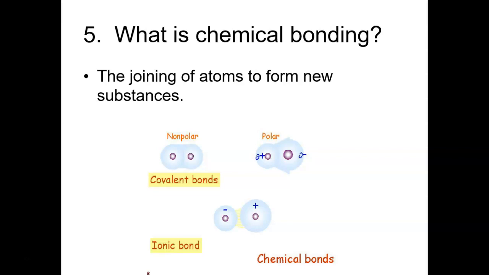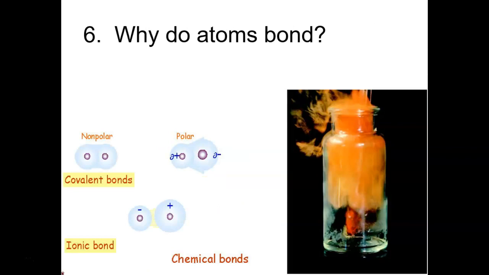When hydrogen and oxygen come together and form water, H2O, chemical bonding has taken place. When sodium and chlorine come together and form sodium chloride, chemical bonding has taken place. So chemical bonding is the joining of atoms to form new substances.